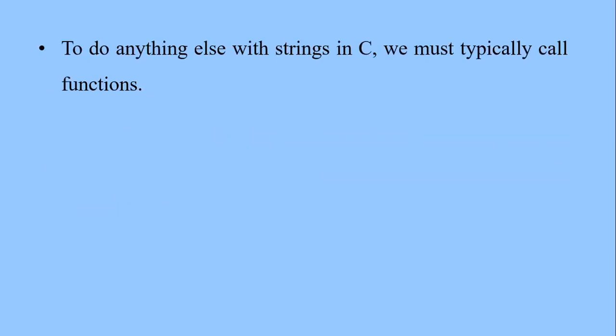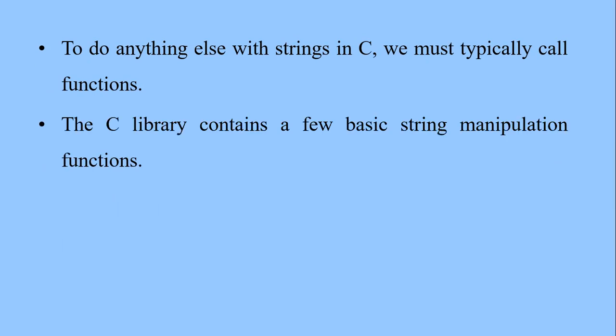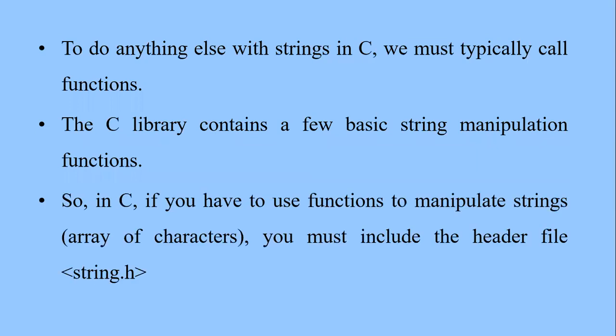To do anything else with the strings in C, we must typically call functions. The C library contains a few basic string manipulation functions. So in C, if you have to use functions to manipulate the strings or array of characters, you must include the header file string.h.